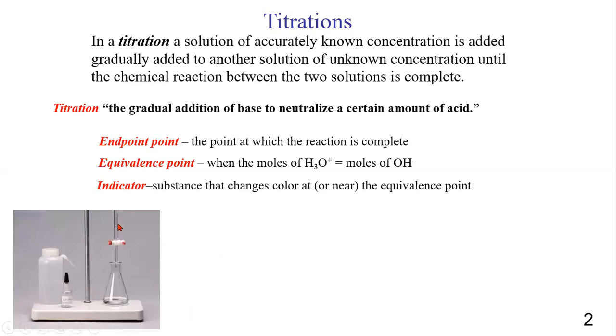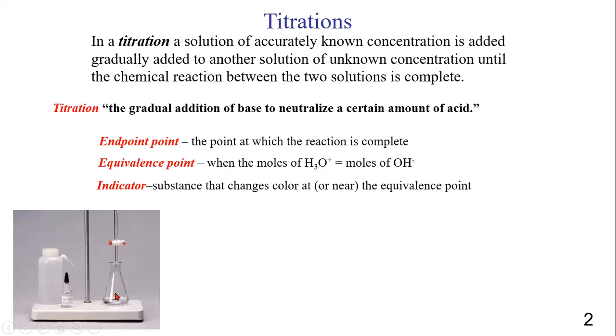Well, I need a burette, which is a column-like glassware where there are volumes marked, where you could read out the exact volume that you're adding once you open the stopcock.